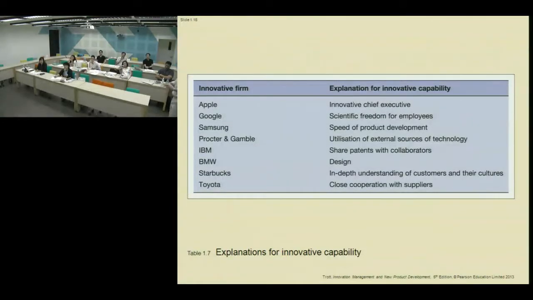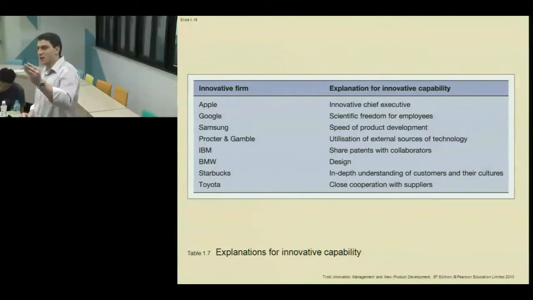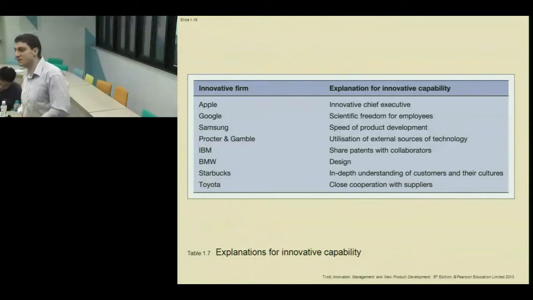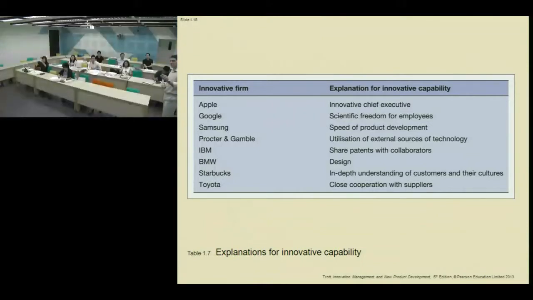Okay? And a few explanations about how some companies succeed. Apple used to have an innovative CEO. Google has scientific freedom for employees. That's very creative for Google. It works well. Samsung, on the other hand, has speed of product development. They develop products and push them to the market so fast.